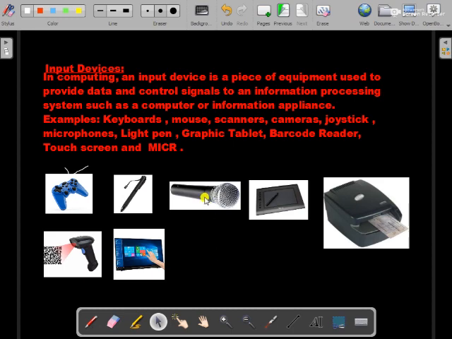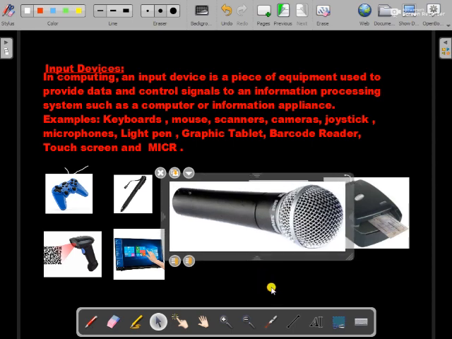Another input device is microphone. A microphone is used to input sound into a computer. It helps in recording our voice or other sound.